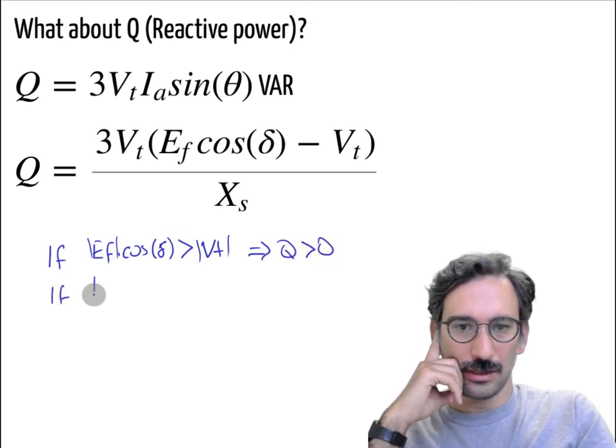Similarly, when Ef cos delta is smaller than Vt, then that means Q is less than 0.